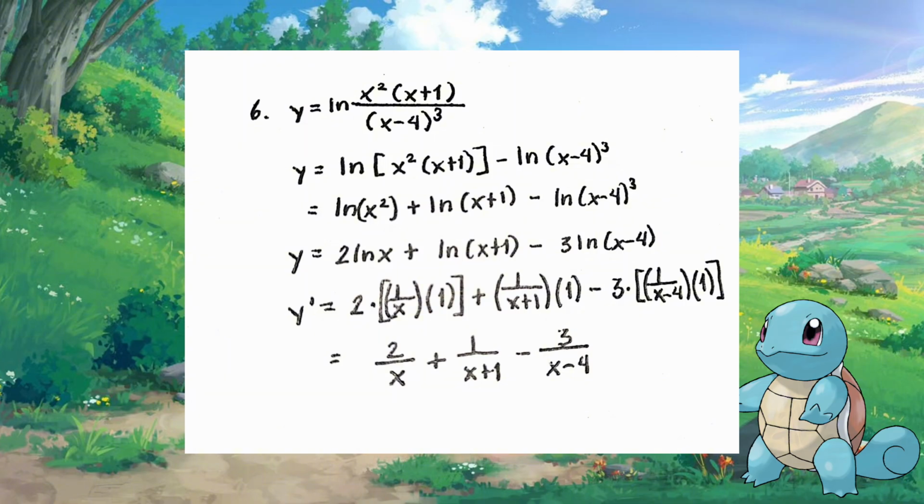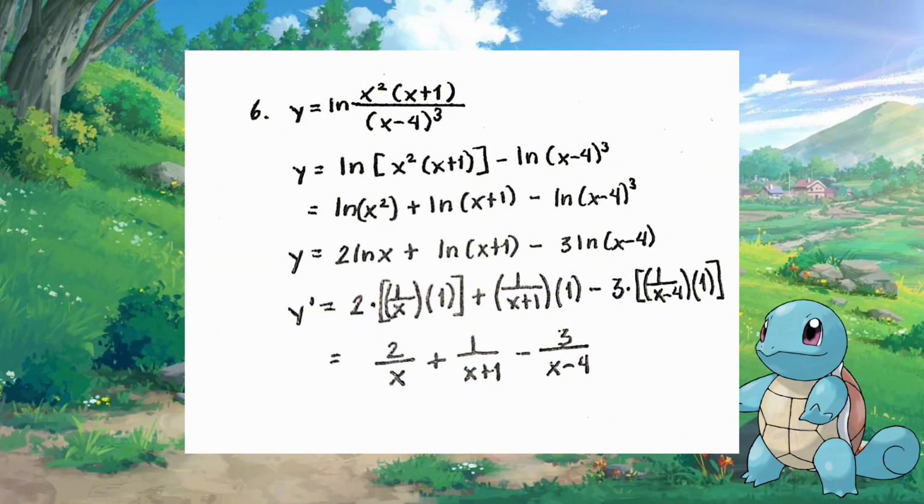So now we are going to apply the power rule, which is will bring down the power and we'll put it in the front. So we'll have y is equals to 2 times the natural logarithm of x plus the natural logarithm of x plus 1 minus 3 times the natural logarithm of x minus 4.